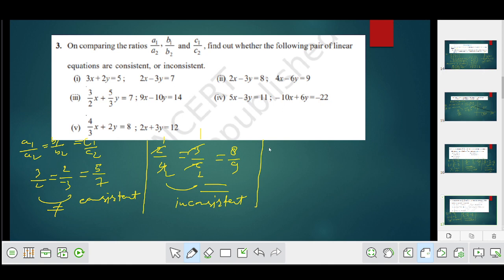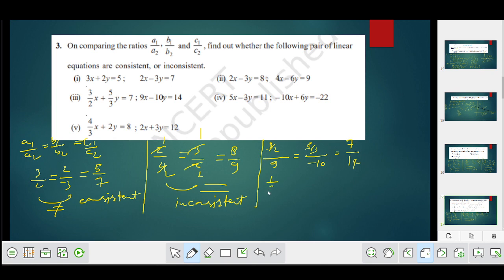Now, third, 3 by 2 upon 9 equal to minus 5 by 3 upon minus 10, 7 by 14. 3 1s are 3, 3 3s are 9, and 2 3s are 6.